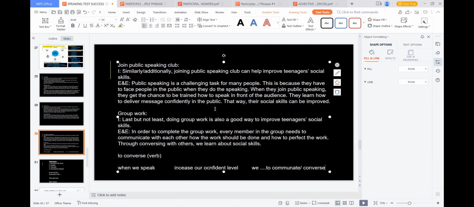I think the best way to improve teenagers' social skill is by joining group work, because joining group work is a doable task, and through group work they get a lot of chances to do speaking, communicating with other people, conversing with other people, how the work should be done. So I think group work will be the best. Doing group work together will be the best way to improve their social skill. Okay, I can disagree with you.